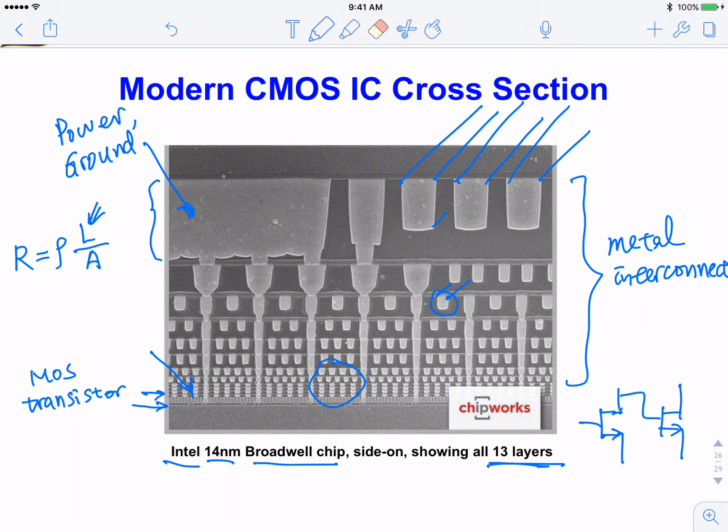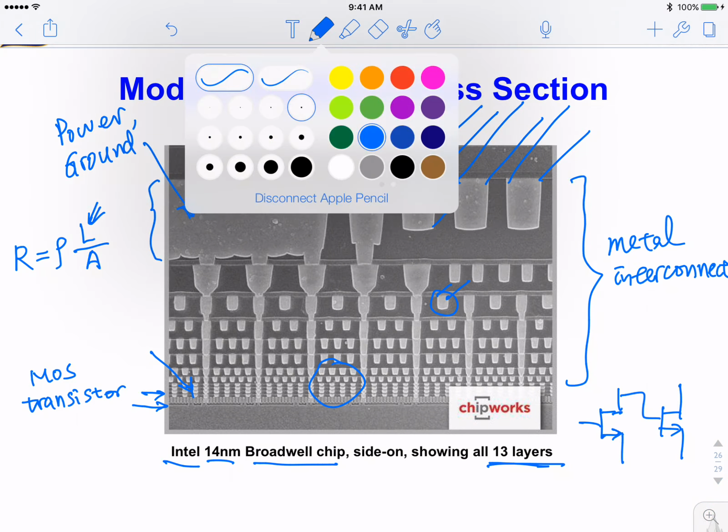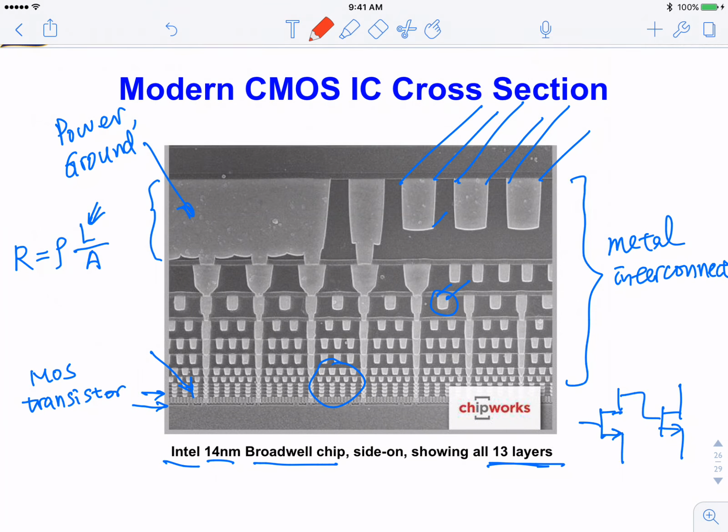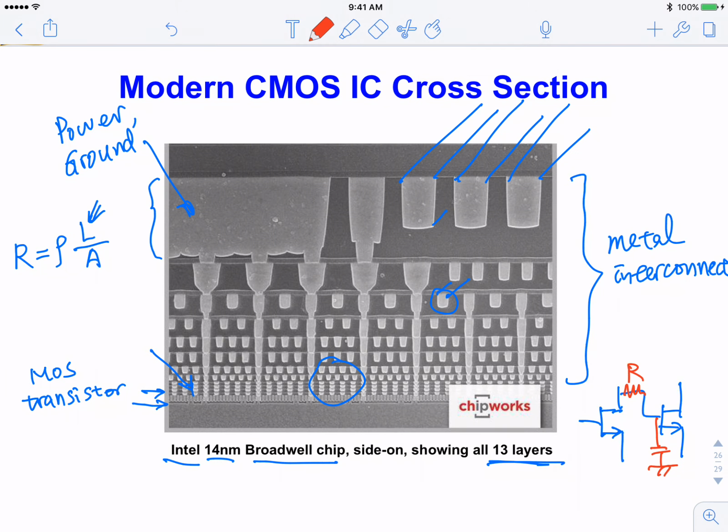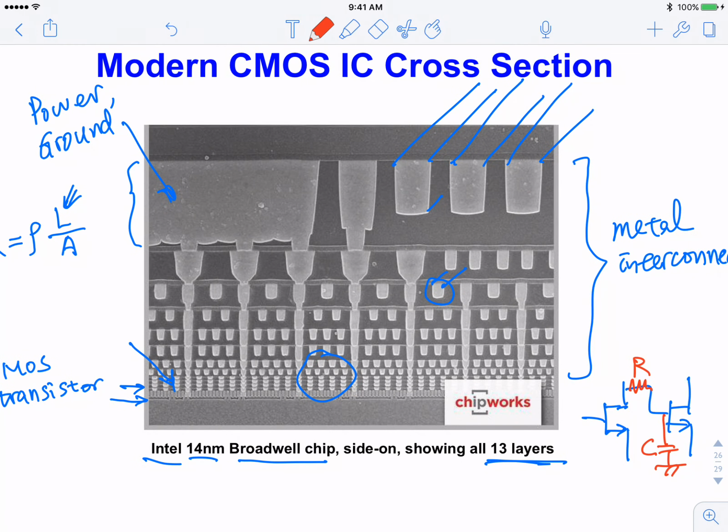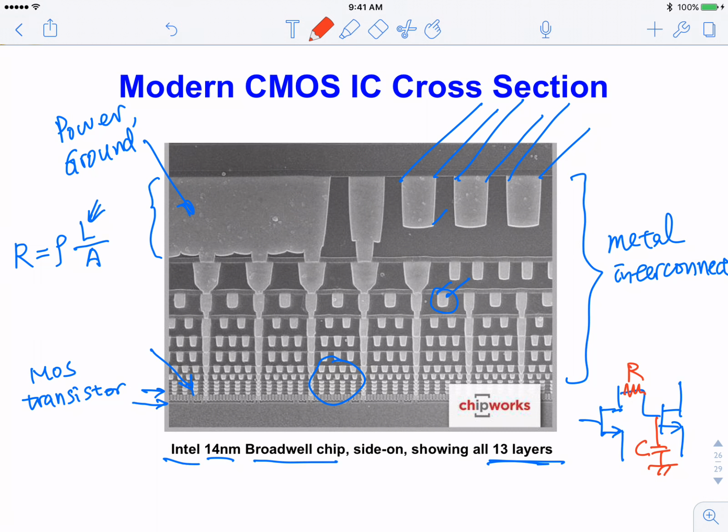And the transistor, as you learned in 16, looks like a capacitor here, okay? But this wire is really a resistor. It's not a perfect conductor. So you have R here and you have C here. And while you're charging the capacitor, you dissipate power.